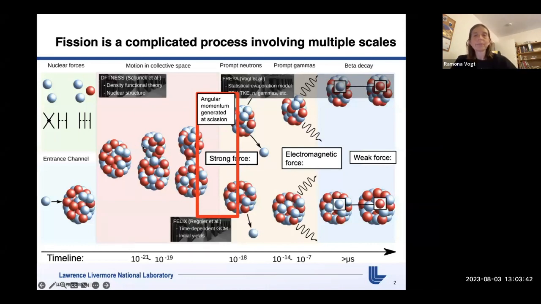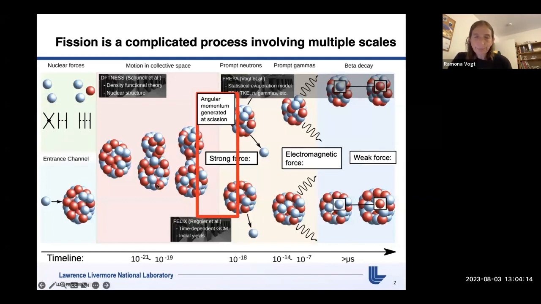And Nathan was discussing yesterday the emission of neutrons and photons, and then the delayed processes. So fission is really interesting to study as a physical process, because it involves 3 of the 4 fundamental forces of nature. They get weaker as you go along, and the timescales get longer also.